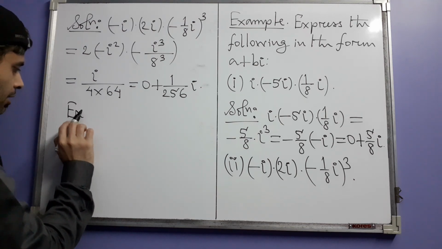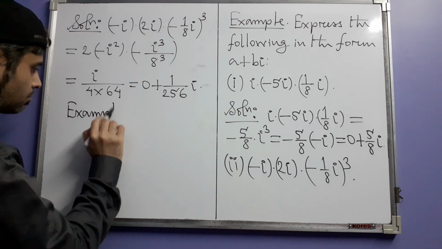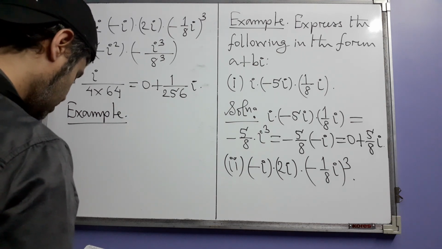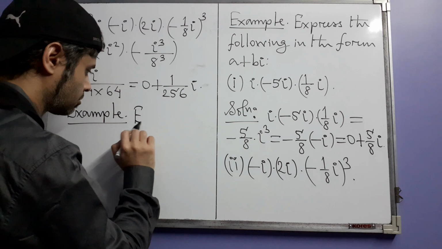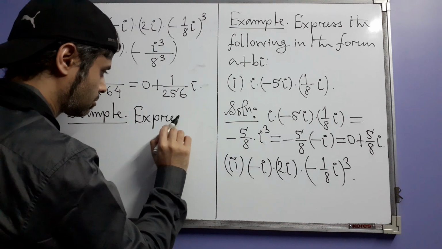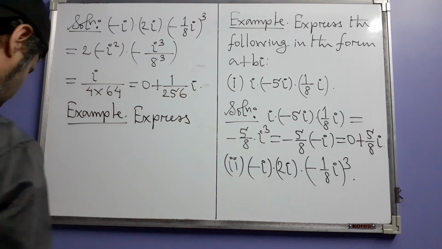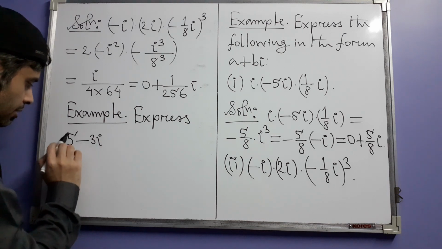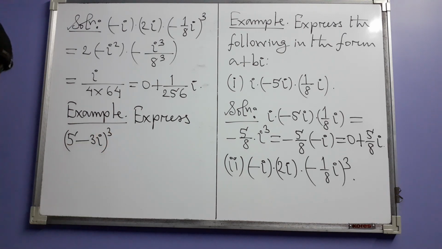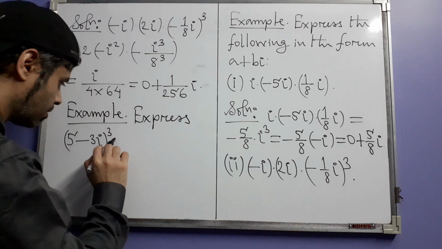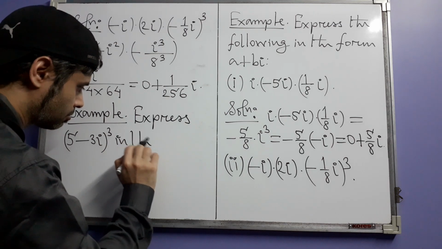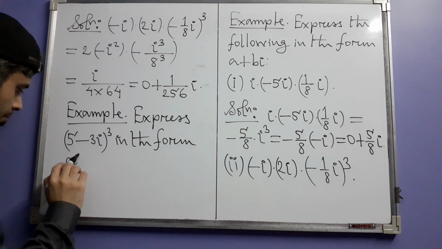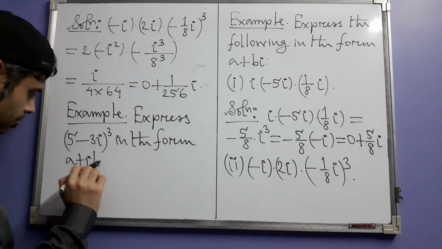Let's see another one. Express 5 minus 3i cube in the form a plus ib.